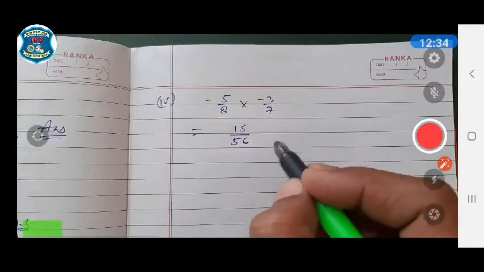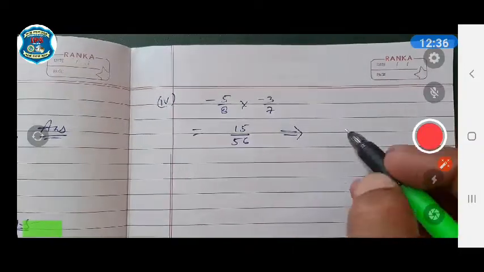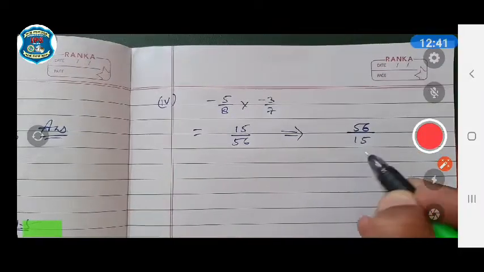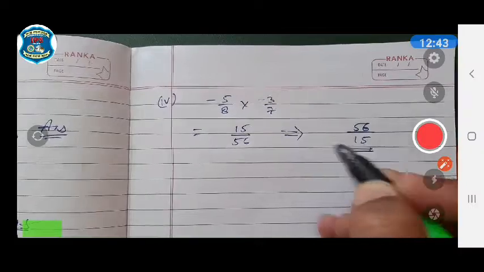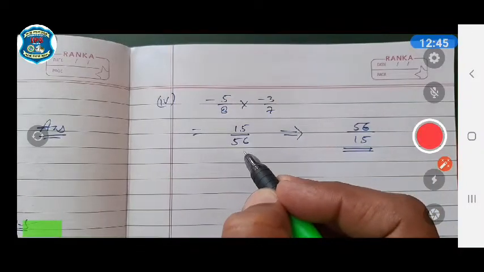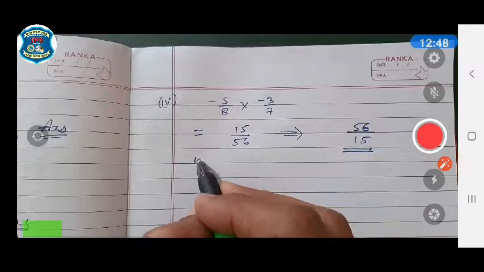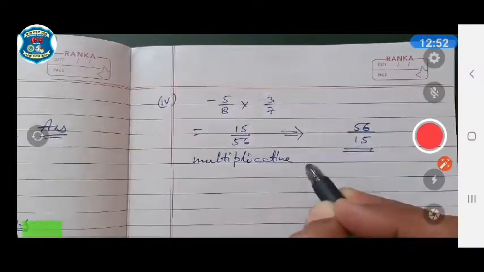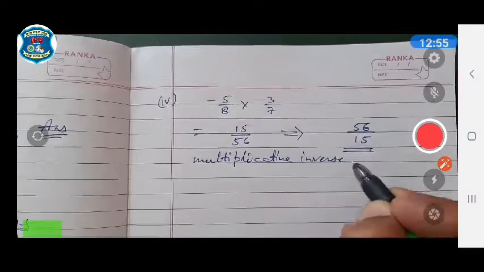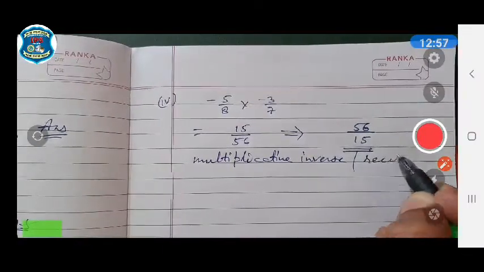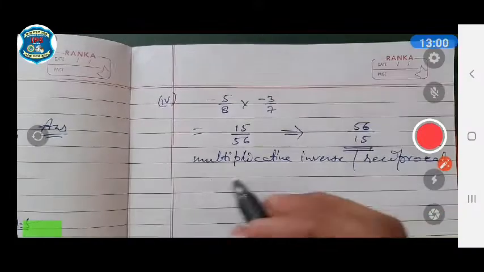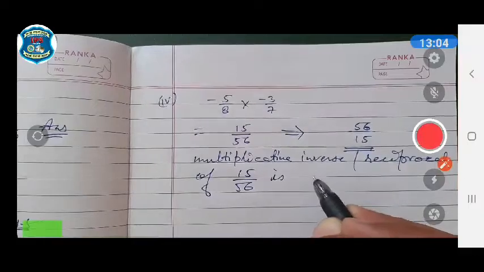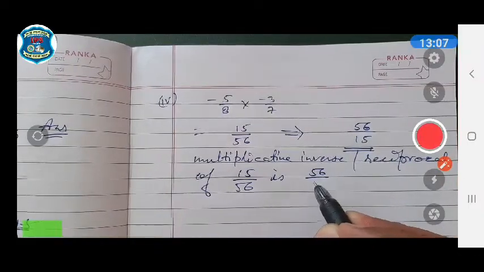So its multiplicative inverse or reciprocal will be 56 upon 15. So you have to write multiplicative inverse or reciprocal of 15 upon 56 is 56 upon 15.